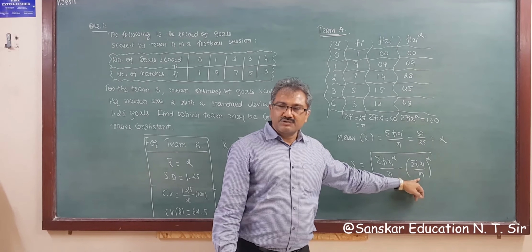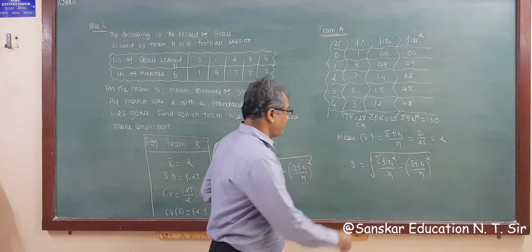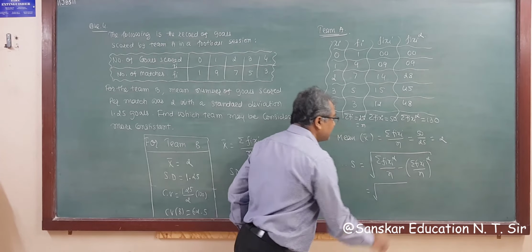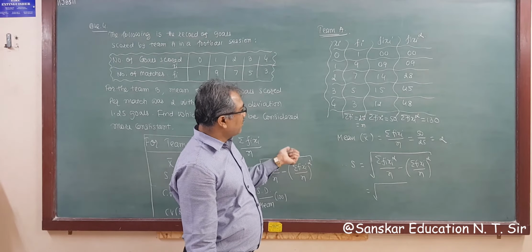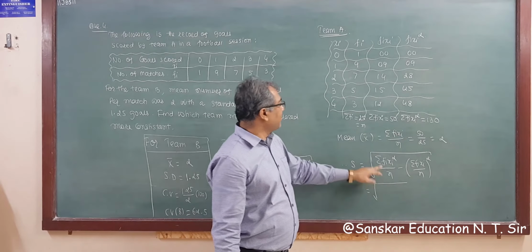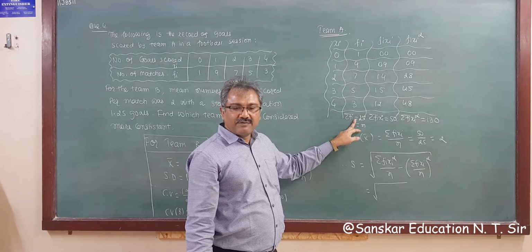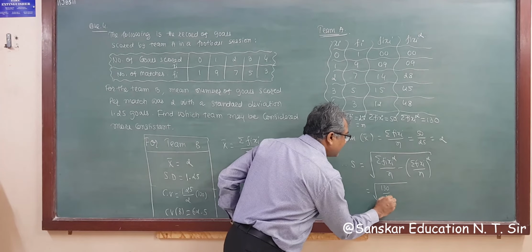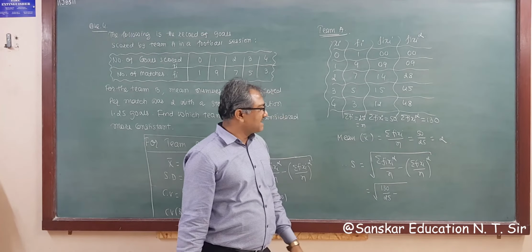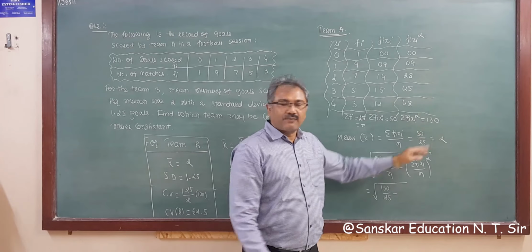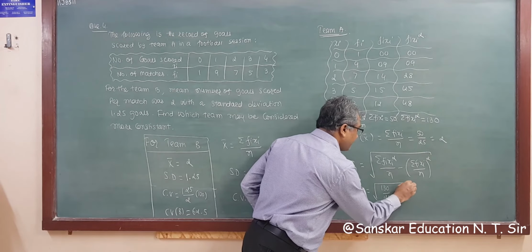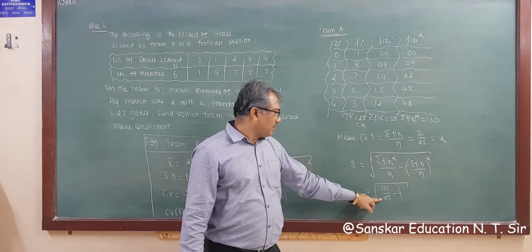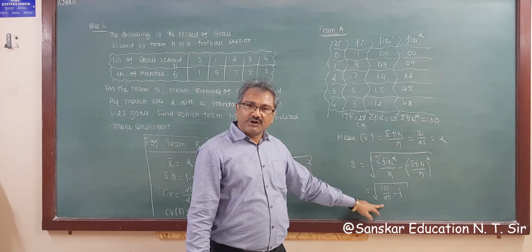Don't worry, the answer will be same. So S is equal to square root of 130 divided by 25 minus 4. 130 by 25 is 5.2.